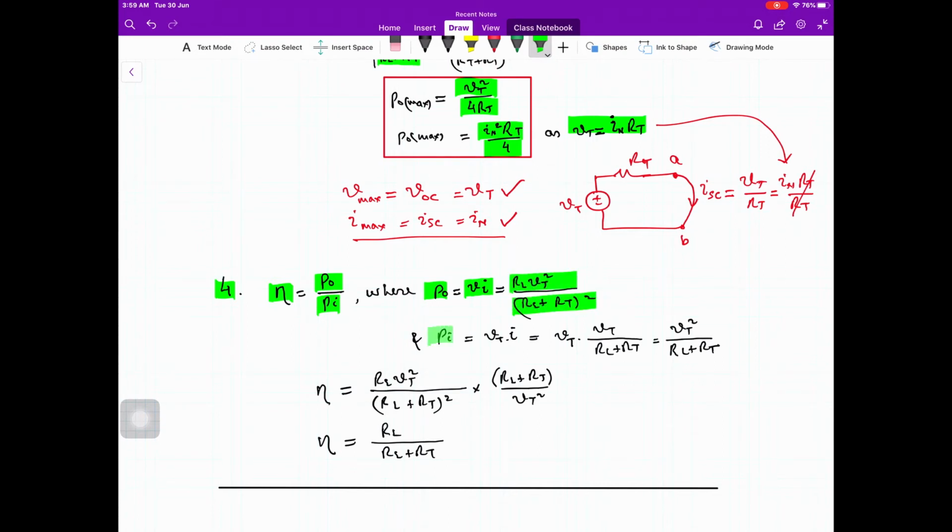What is input power? It means the power delivered by the source circuit, and our source circuit is represented by its Thevenin equivalent, and there is only one source, which is the Thevenin voltage source, multiplied by the current. Look at the circuit diagram. The current flowing through it is I.